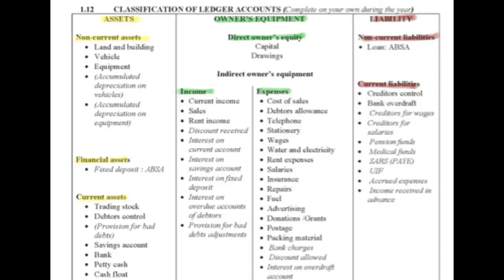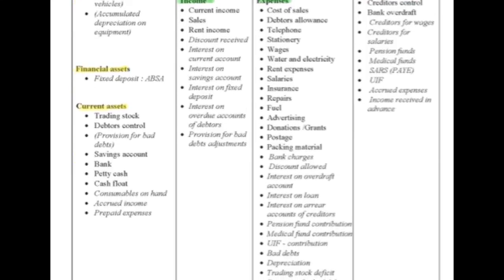Expenses, there's always plenty of expenses. Cost of sales, debtors allowances, telephone, stationery, wages, water and electricity, rent expense, salaries, insurance, repairs, fuel, advertising, donations, postage, packaging materials, all of those you know already, or you should know already.